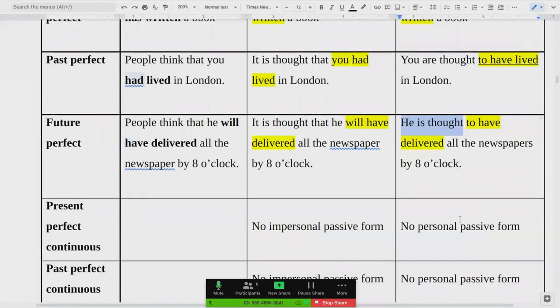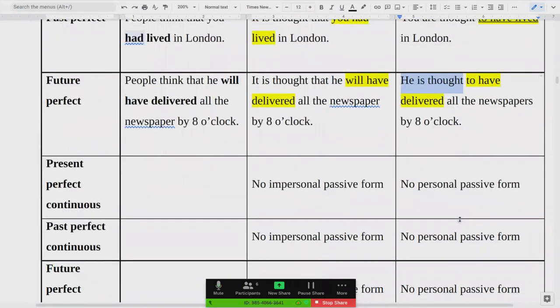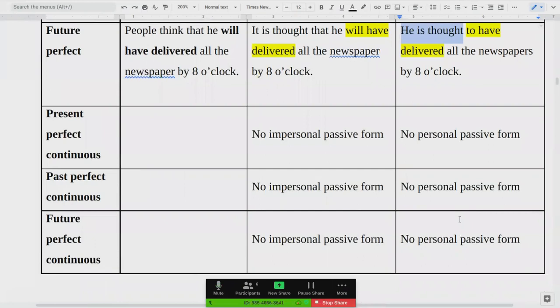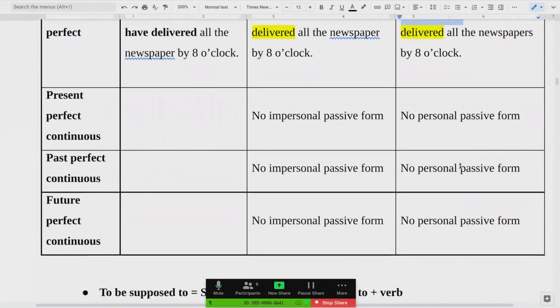За present perfect continuous буюу одоо төгс үргэлжилж цаг дээр ямар нэгэн personal and impersonal passive form байхгүй. Хувиргах боломжгүй. Past perfect continuous буюу өнгөрсөн төгс үргэлжилж цаг дээр мөн боломжгүй. Future perfect continuous буюу ирээдүйд төгс үргэлжилж цаг дээр мөн адил эзэнтэй болон эзэнгүй идэвхгүй хэлбэрүүд байхгүй.